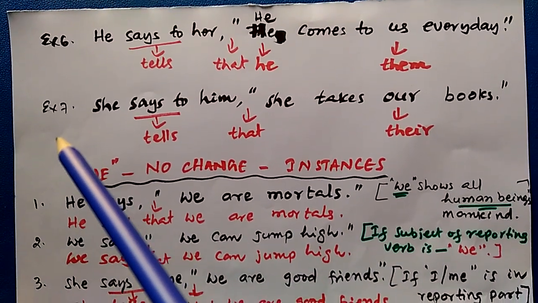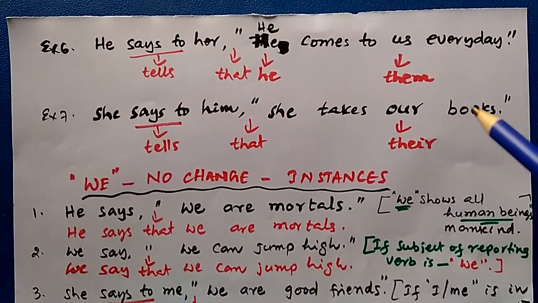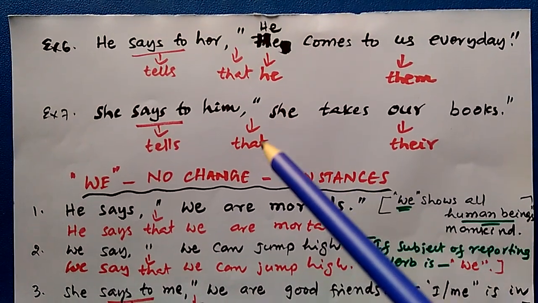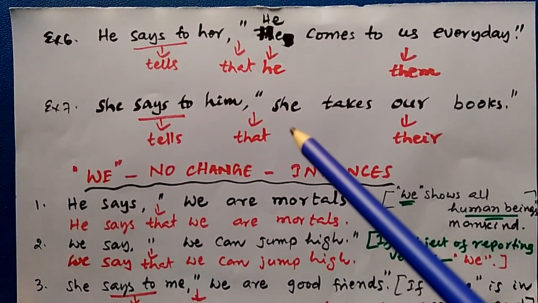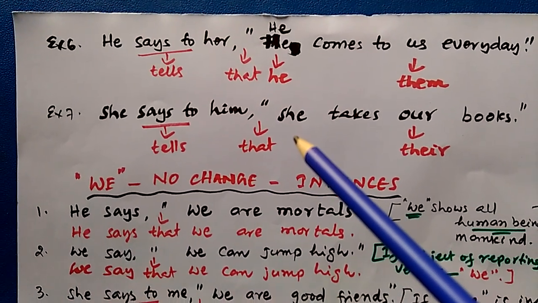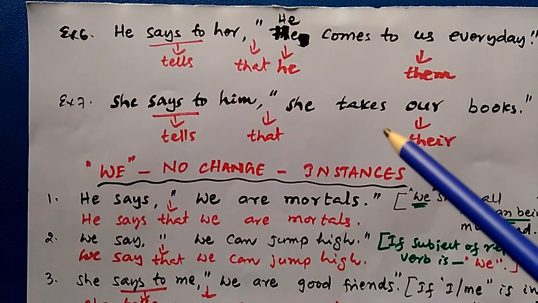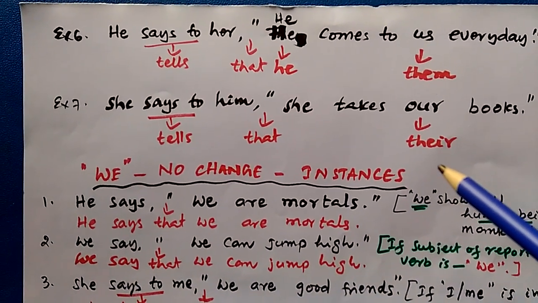And example number 7. She says to him, "She takes our books." Here says to becomes tells, inverted comma becomes that, and she cannot be changed as it refers to third person singular. Either third person singular or third person plural, there will be no change. And here our becomes their.